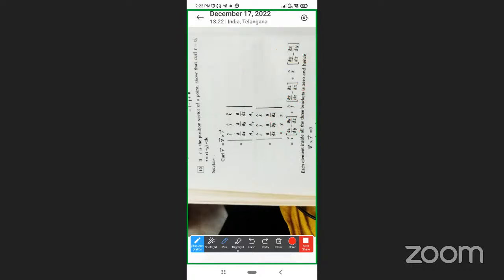This is the curl of a vector field. This theorem was also proved in the last class, and the divergence of a vector field too. So we have already discussed the divergence and curl theorems.